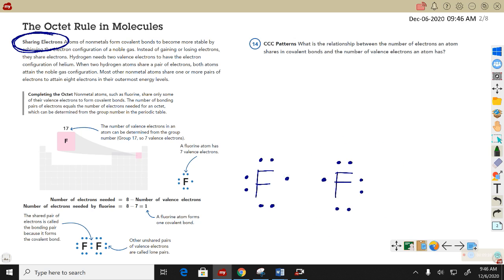So instead, we say, what if they share? If they share by overlapping these orbitals, often we show it as a circle around the 2 electrons, or sometimes people will just link them up, or connect the dots. If we share that pair of electrons in the middle, it counts for both fluorine atoms.